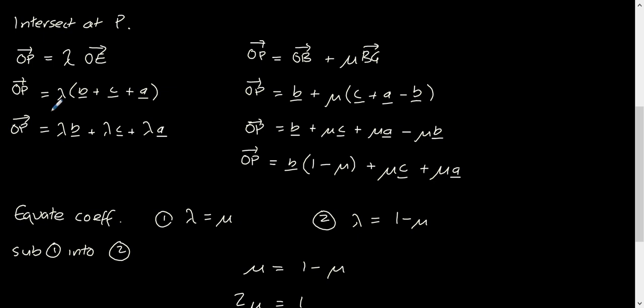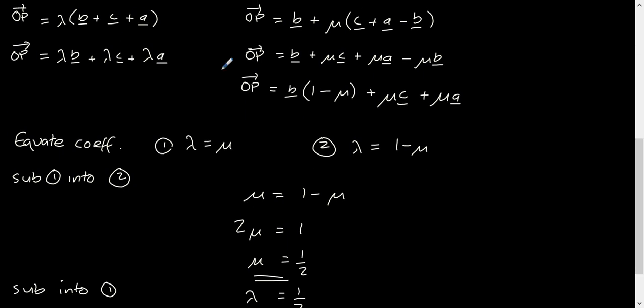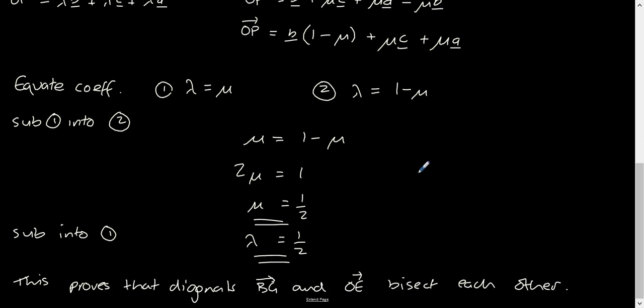And if you just remember that you're not supposed to know where they intersect, how far along each line they intersect, you can use lambda and mu as your unknowns. And then it always comes down to comparing your coefficients. So compare your a's, compare your b's, compare your c's. And then simultaneous equations gets you your answer.